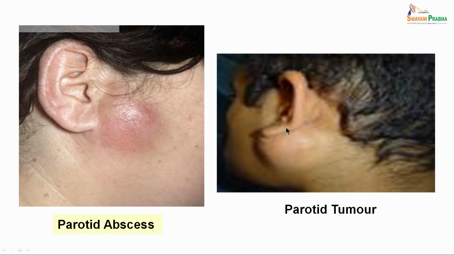And finally, an image which shows us a parotid tumor which is seen to raise or elevate the ear lobe, a large swelling related to the external auditory meatus, a fast growing or a slow growing tumor of the parotid gland.